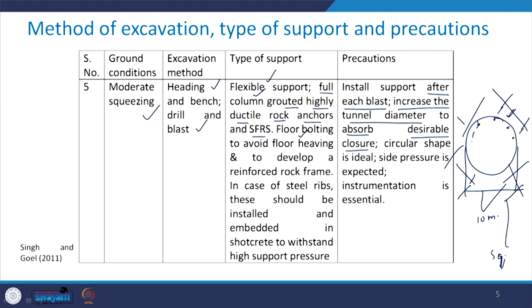So its diameter will be reduced because of this squeezing phenomenon and will no more be what we want it to be as 10 meter. Therefore, in this case, we need to increase the tunnel diameter to absorb this desirable closure. Circular shape is ideal. Side pressure is expected and instrumentation is essential in this case.